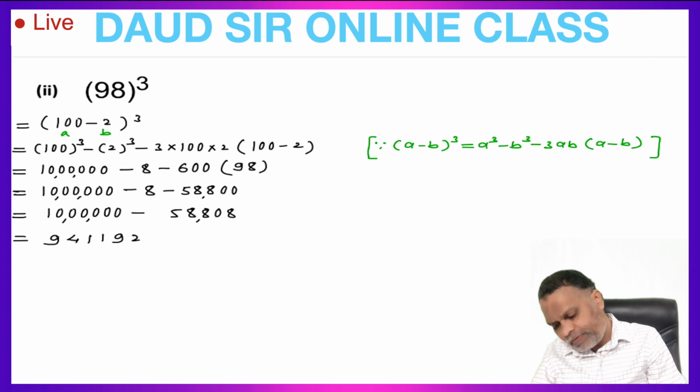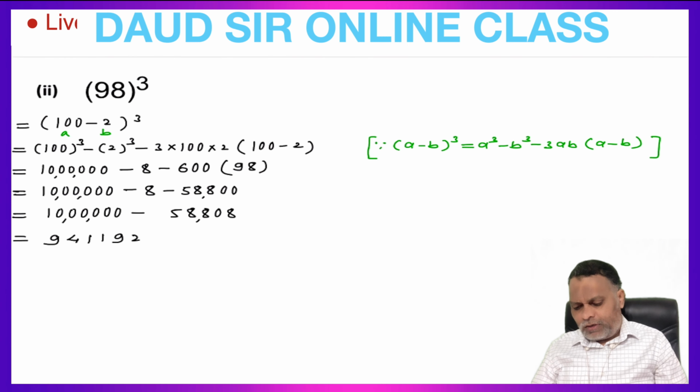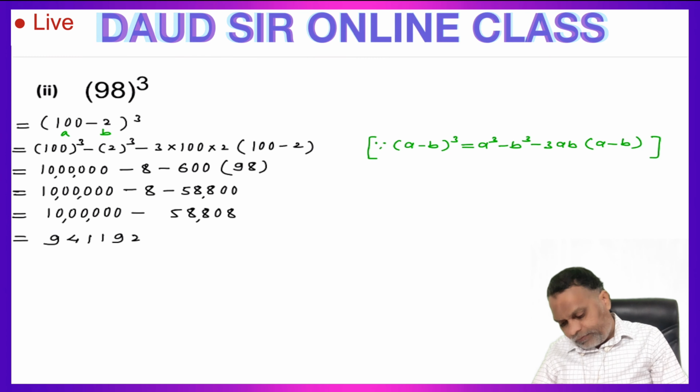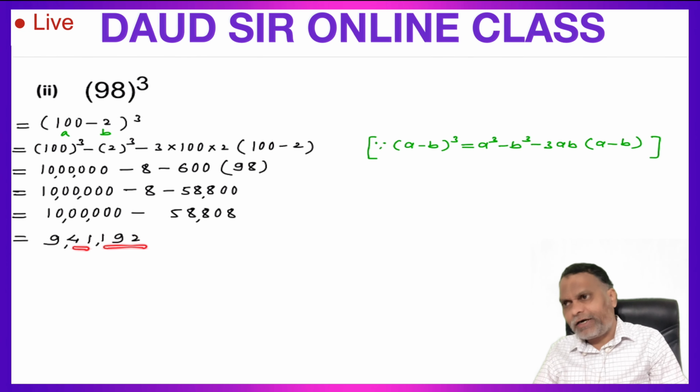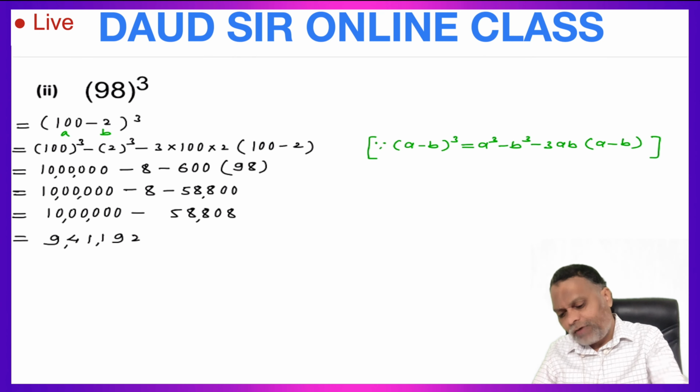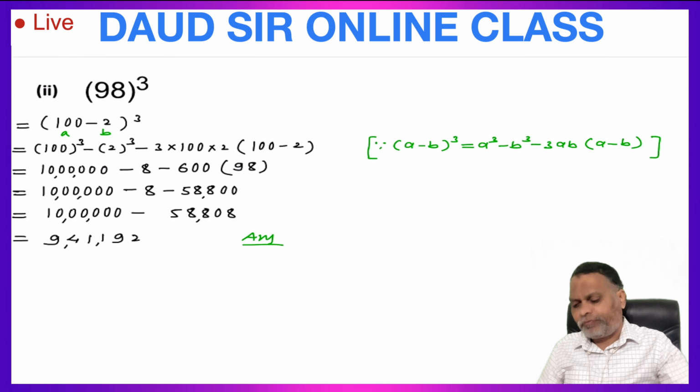This is 9, and so this is once, tens, 100,000, 10,000, like 9,41,192 is the required value of 98 whole cube.